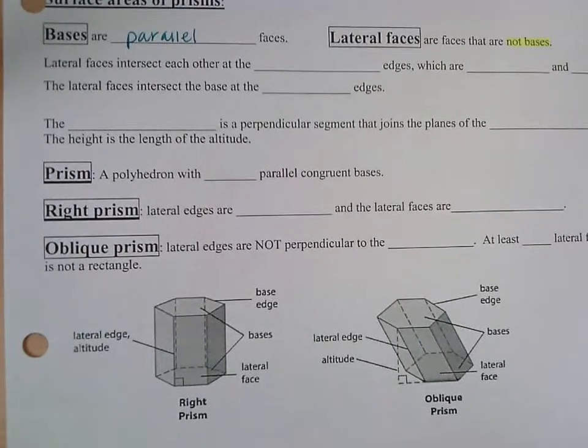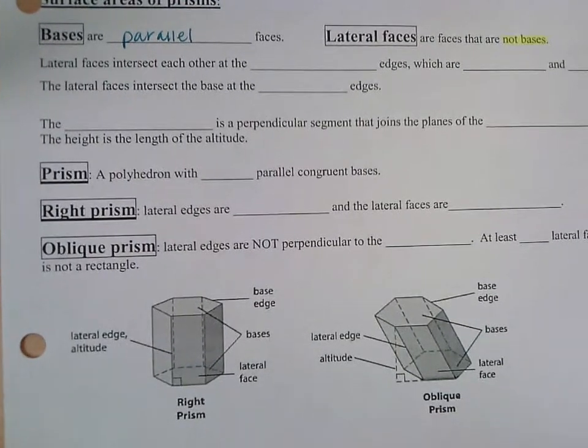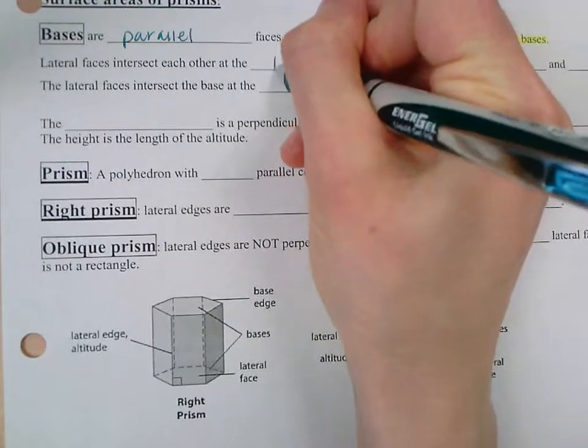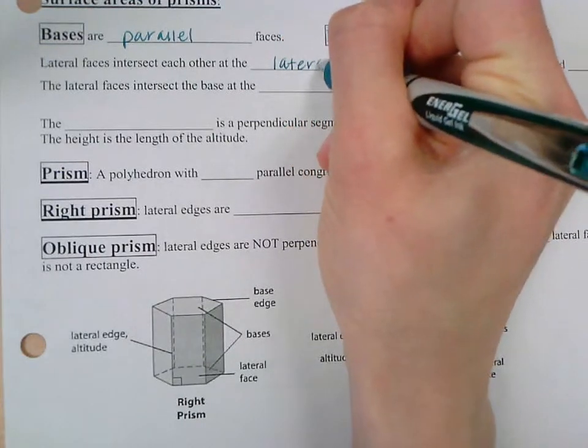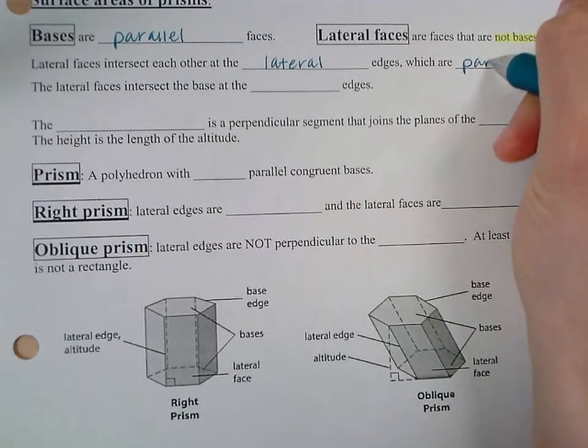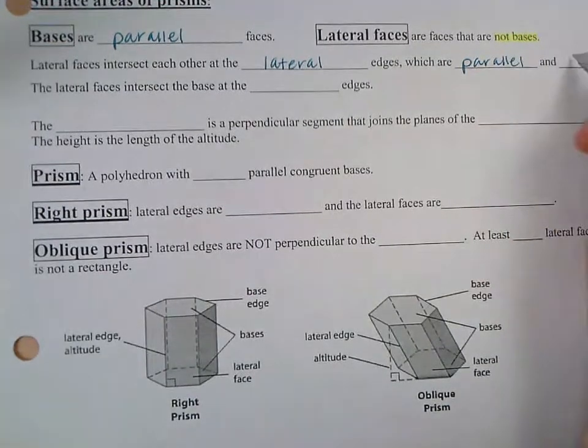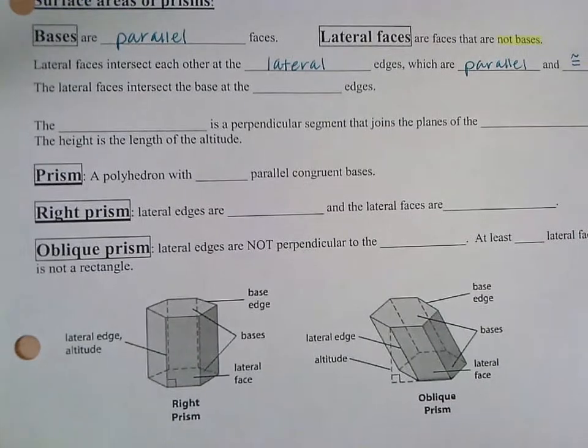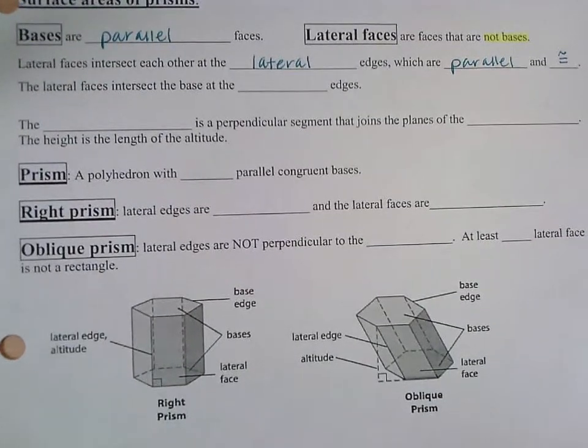Then we have lateral faces intersect each other at the lateral edges, which are parallel and congruent. So lateral edges are parallel and congruent to each other. And again, that's just where the lateral faces meet, the intersections of them.